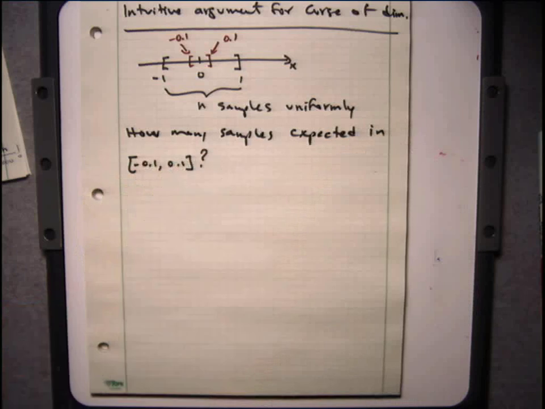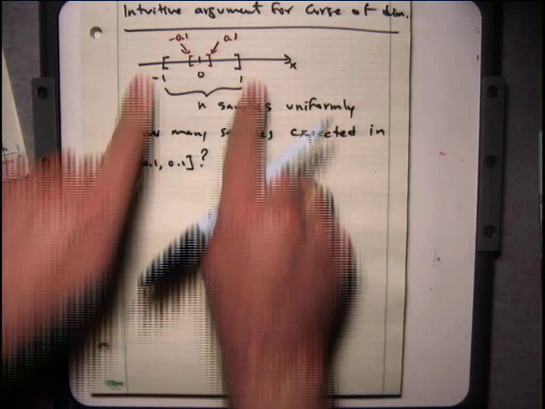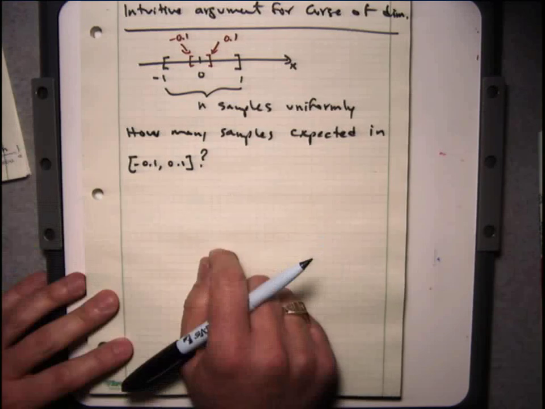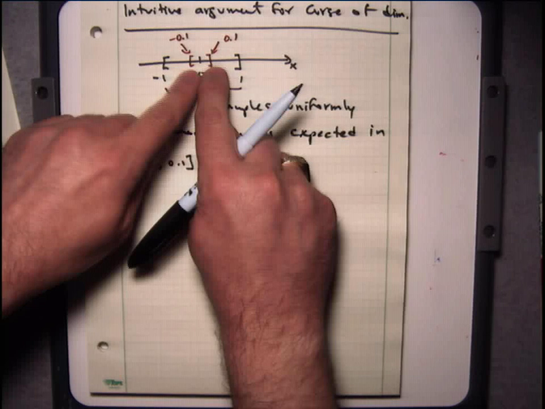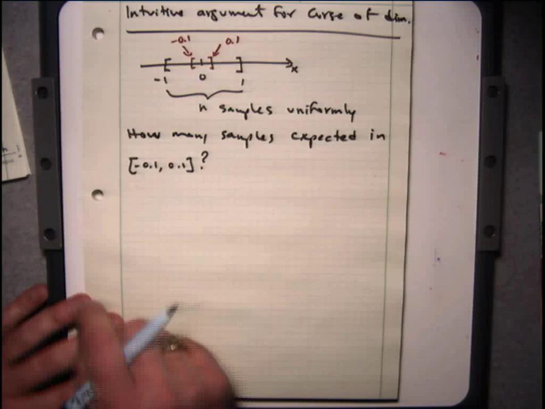Okay? Well, it doesn't take a rocket scientist to know that this interval is a factor of 10 smaller than that interval, right? So basically the number of samples you can expect in the smaller interval is a tenth of what was there before, right?